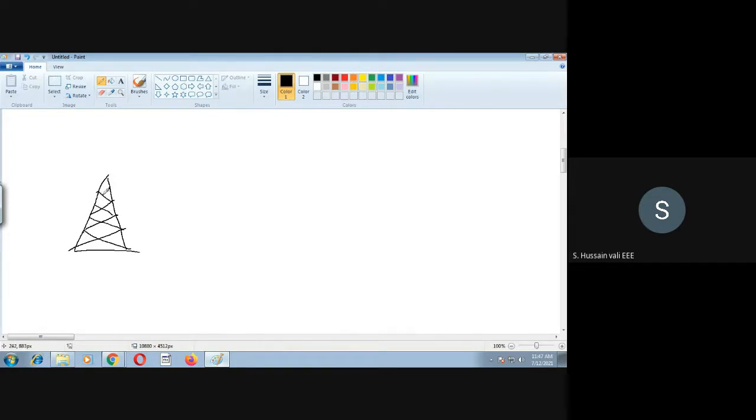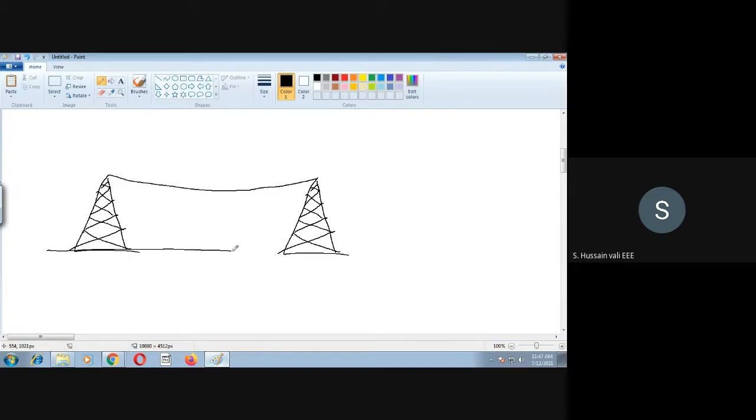So this is a transmission tower. I hope you know how the transmission lines are connected in between. This is the transmission line.